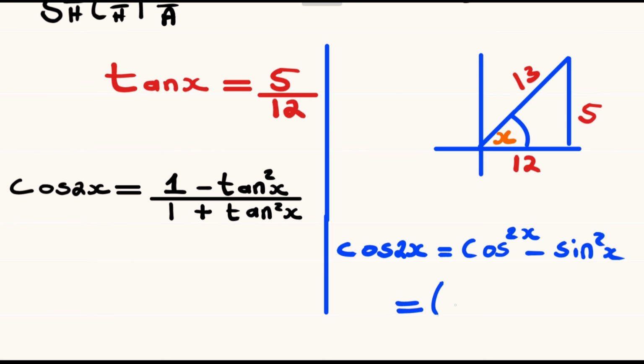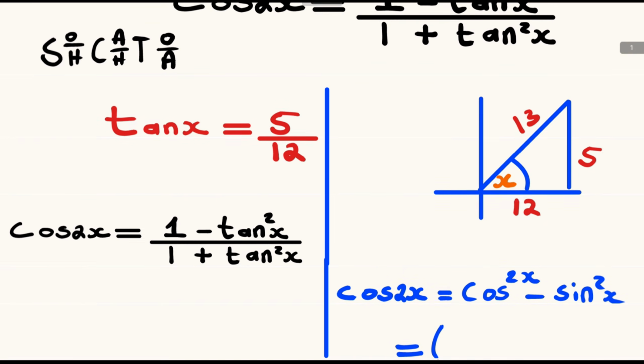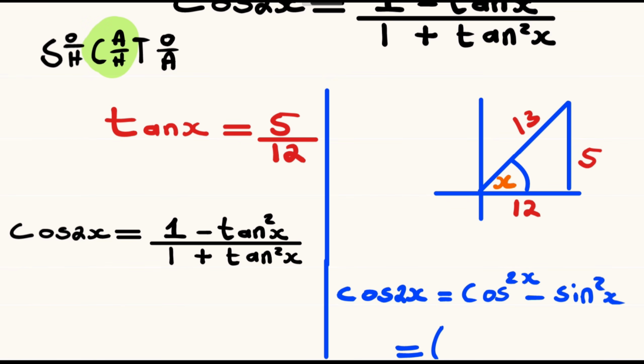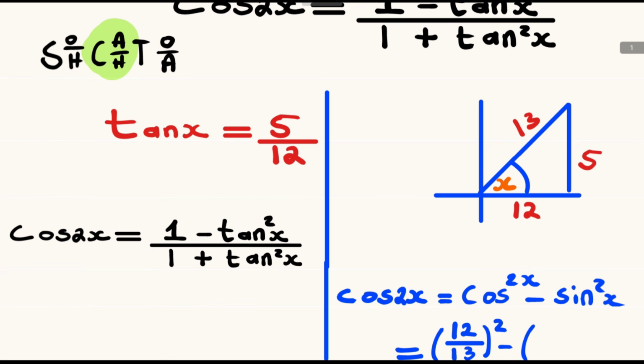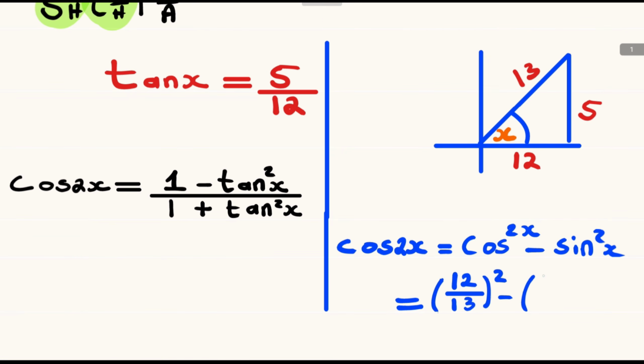In the place of the cos x, we have that CAST diagram. Cos is adjacent over hypotenuse. Our adjacent being equal to 12 and our hypotenuse is equal to 13. And this will be squared minus sine x. Sine is opposite over hypotenuse. Our opposite being 5 and our hypotenuse is equal to 13.